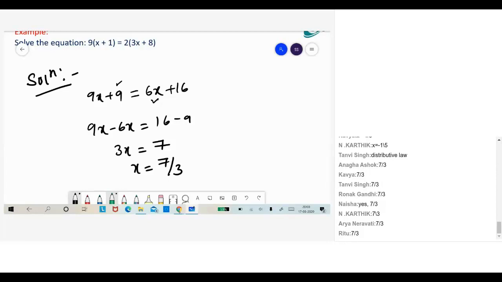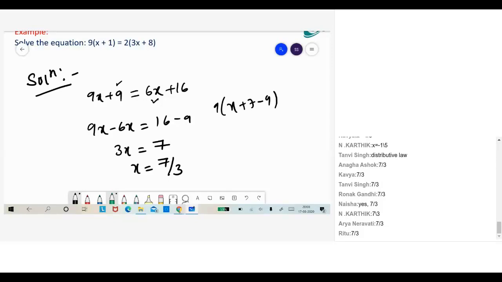Sometimes you come across questions where you first have to solve the values inside the brackets and make it a simple expression. Something like 9 times x plus 7 minus 9, or 2 times 3x plus 8 minus 1.